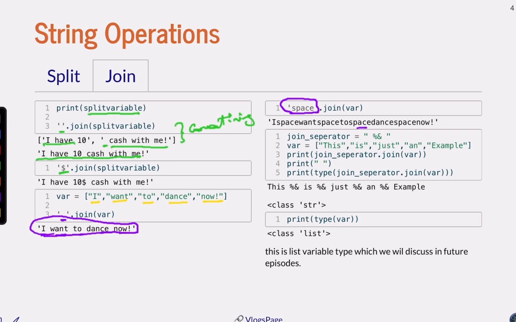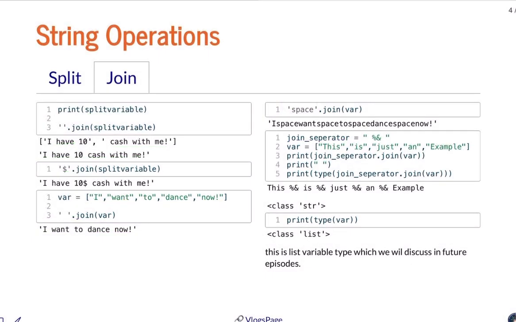Instead of actually using this, we can declare the separator as something like this, and then the list variable something like this. Earlier we gave a string with a space as an input, or here a dollar as a join input to the join statement, or else here the empty string as an input for the join statement. Here we have given join separator, which is a declared string variable which has a space, percentage, ampersand, space.